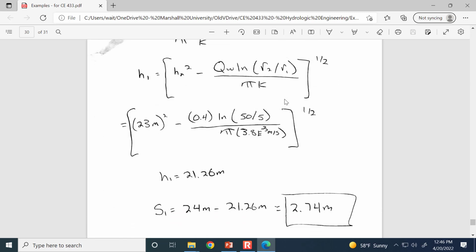So substituting that in, I got that the height of the water surface when we're 5 meters away will be 21.26 meters. And so therefore the drawdown at that location is 2.74 meters, which is how depressed it is below where the height would be prior to pumping.